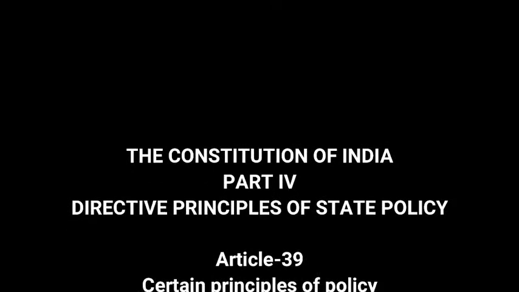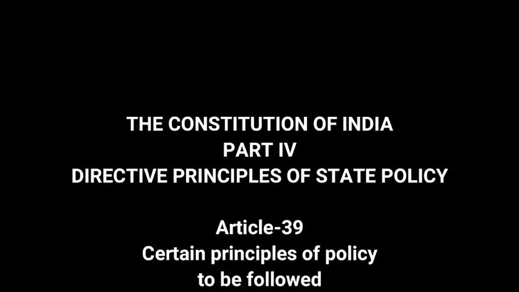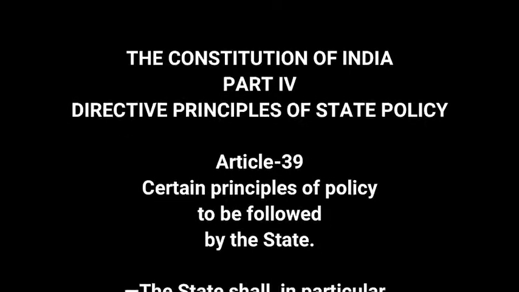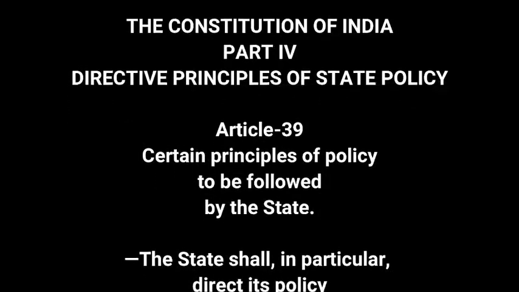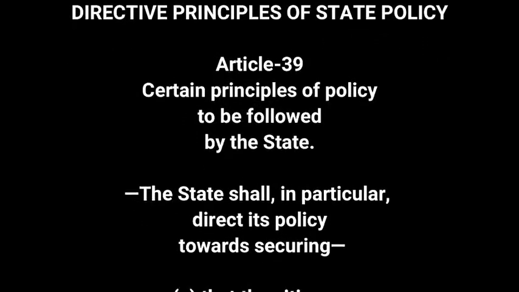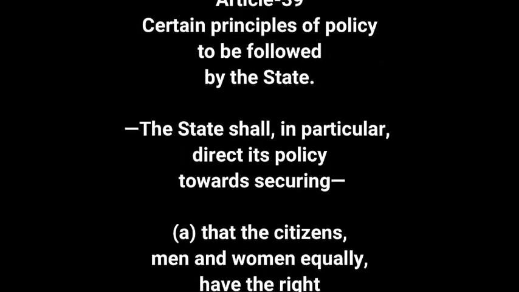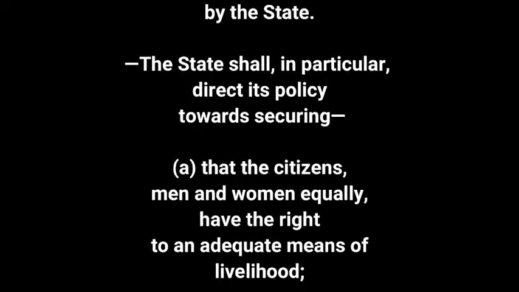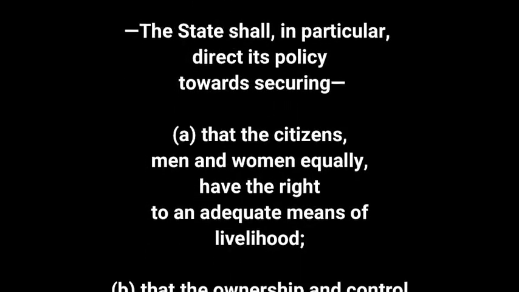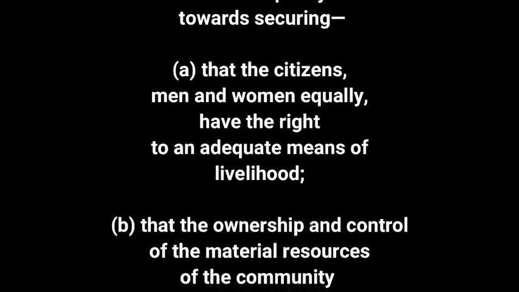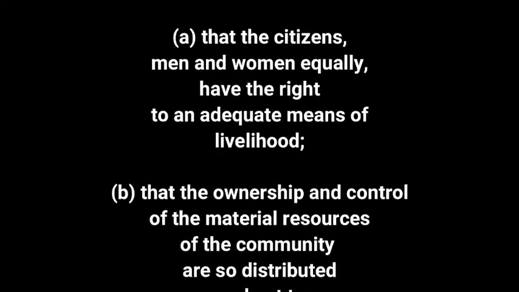The Constitution of India. Part 4. Directive Principles of State Policy. Article 39. Certain principles of policy to be followed by the state. The state shall, in particular, direct its policy towards securing a. That the citizens, men and women equally, have the right to an adequate means of livelihood. b.